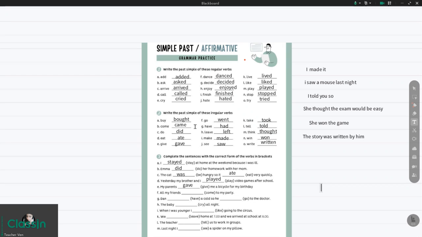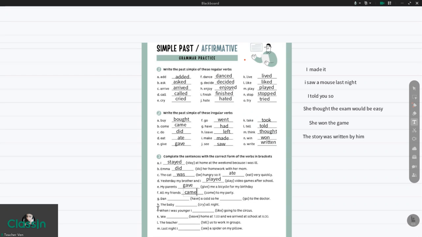Come becomes came, right? So we can write here the verb came. All my friends came to my party. Very good. Okay, let's move on to our next sentence.